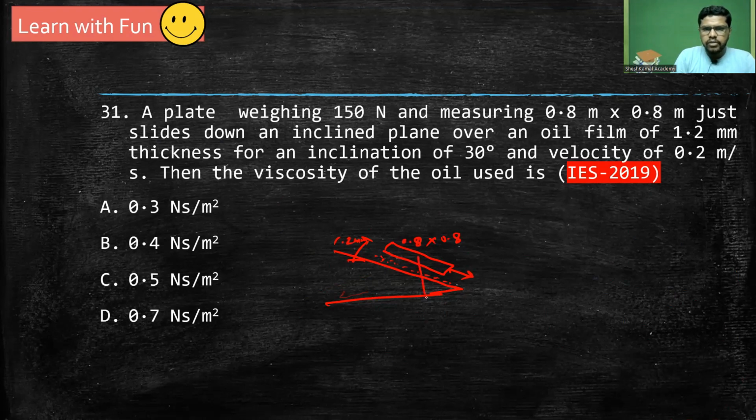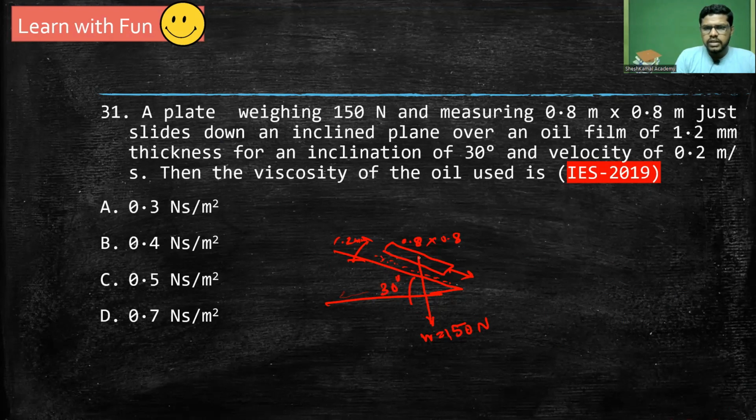So obviously the weight of the plate will act in a downward direction. So W is equal to 150 newton. Now the plate is sliding over the inclined plane, but the weight will act in the downward direction as I have shown in the arrow. So this angle theta is given as 30 degree.